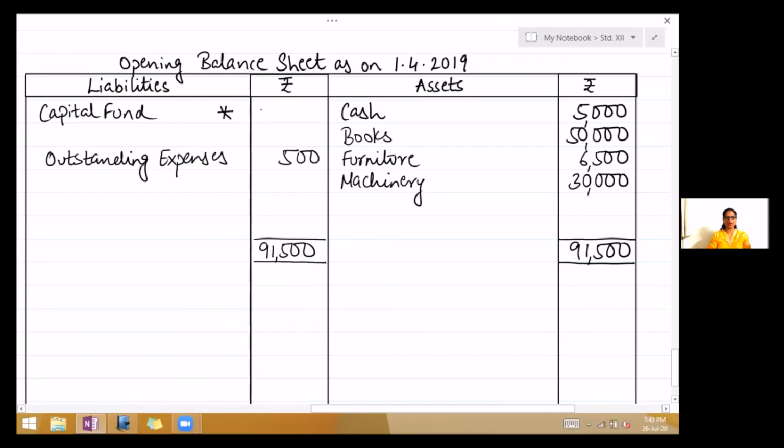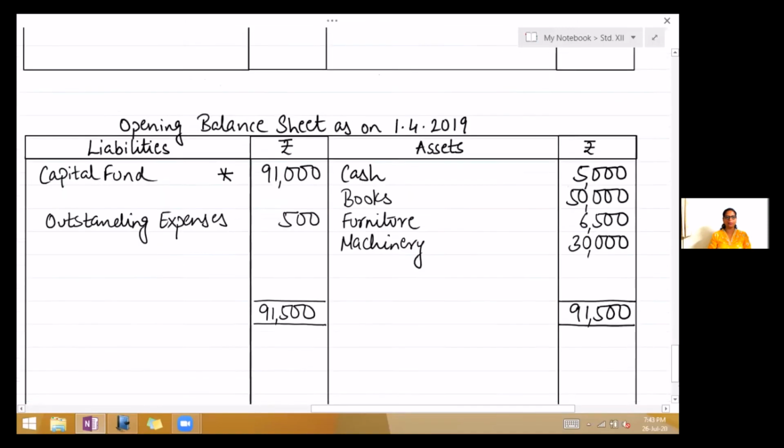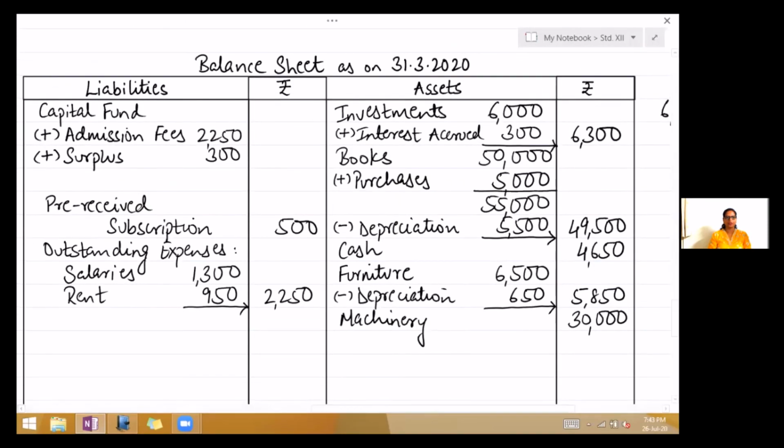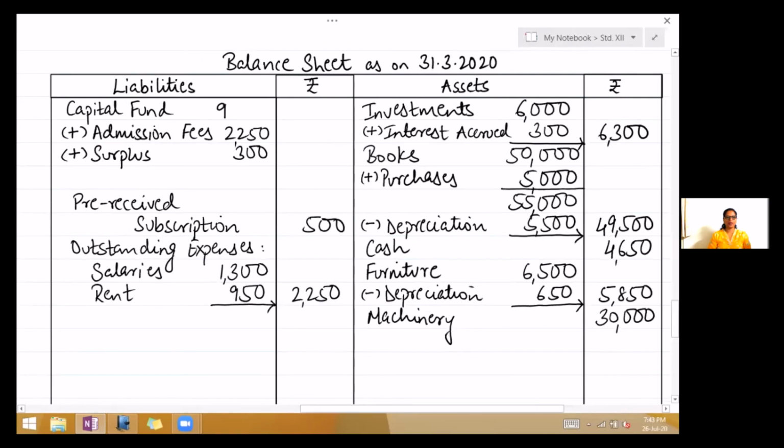So your capital fund will be 91,000. And this capital fund, you will write in the closing balance sheet. So in the closing balance sheet, write capital fund 91,000. Now add admission fees surplus and then take it to the outer column. The total is 93,550. Now close the balance sheet.